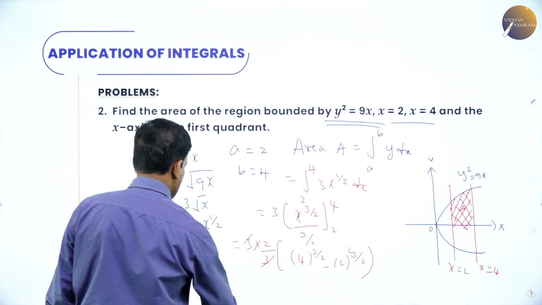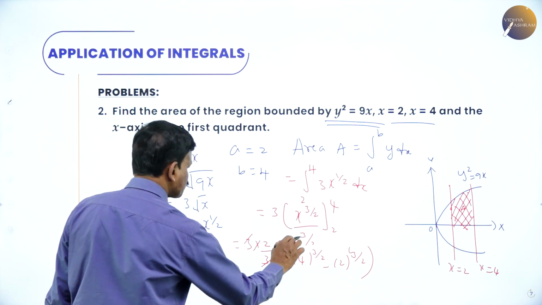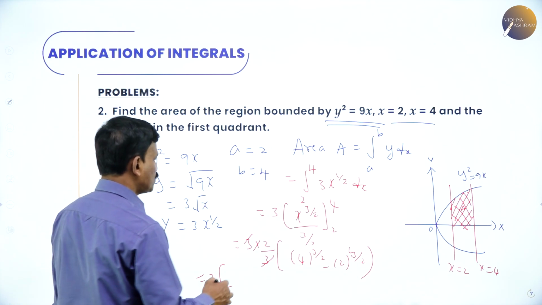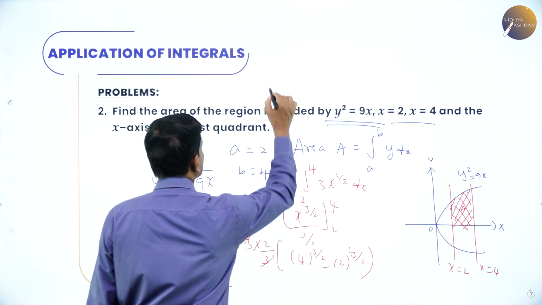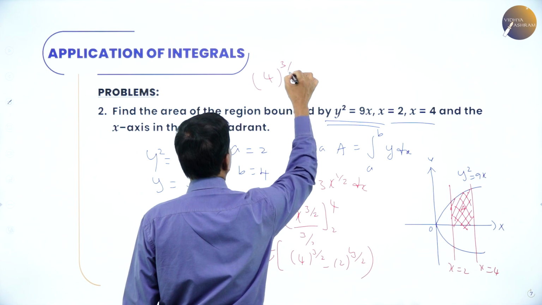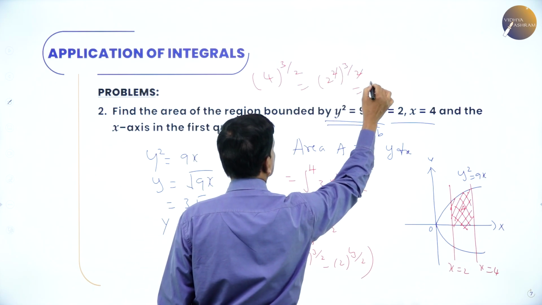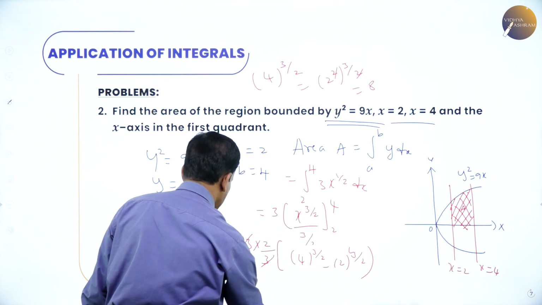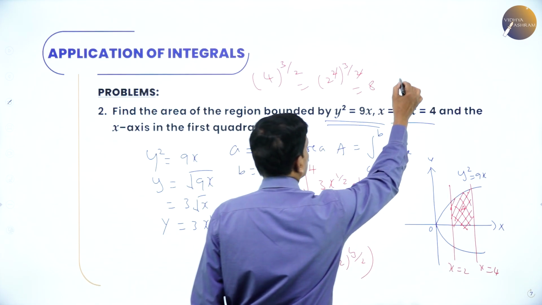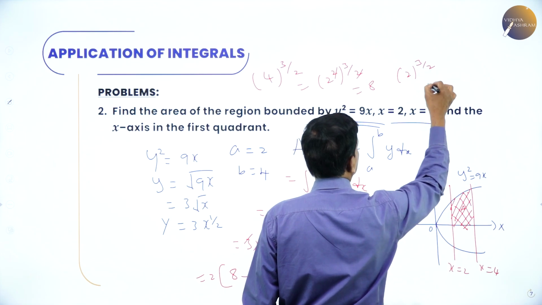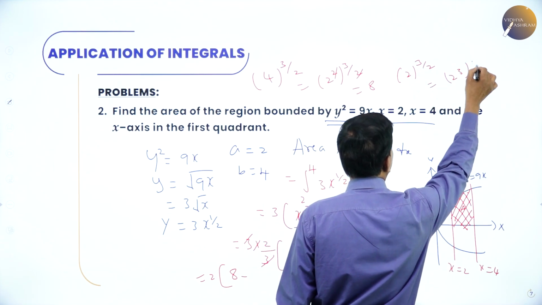So 3 gets cancelled. This is 2 into 4 to the power of 3 by 2, which can be written as 2 square whole raised to 3 by 2. 2 gets cancelled. 2 cube is 8, minus 2 to the power of 3 by 2, which can be written as 2 cube whole raised to 1 by 2.